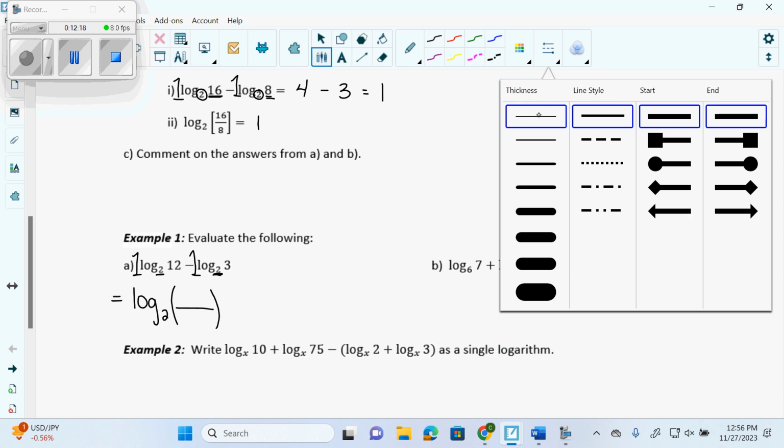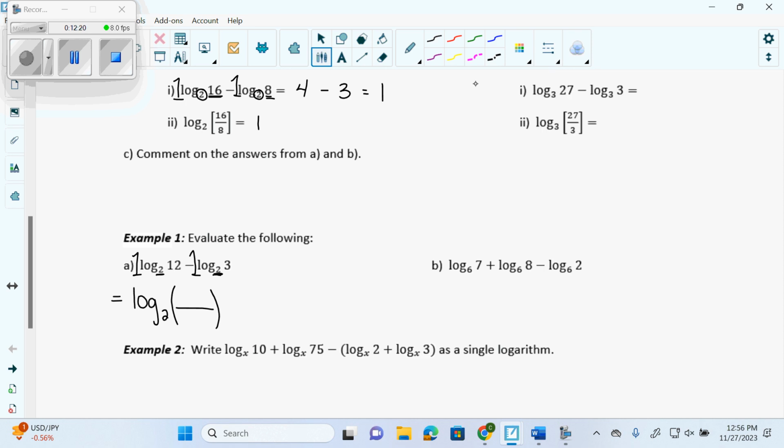So this has a plus 1 in front. You see it? So the 12 goes in the numerator. This one has a minus 1 in front. So the 3 goes in the denominator.